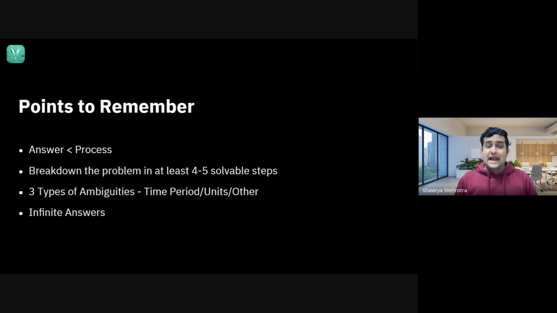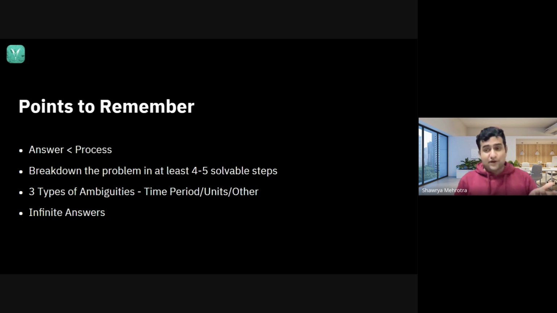Also, if you try to play smart, it's not really helpful. You don't have to get to the answer just for the sake of getting to the answer. The better the answer has been broken down into very logical steps, the higher the odds of you being marked well for your guesstimate solution.